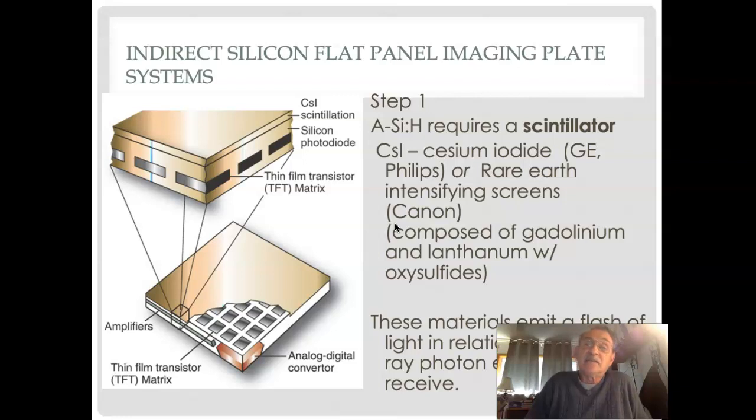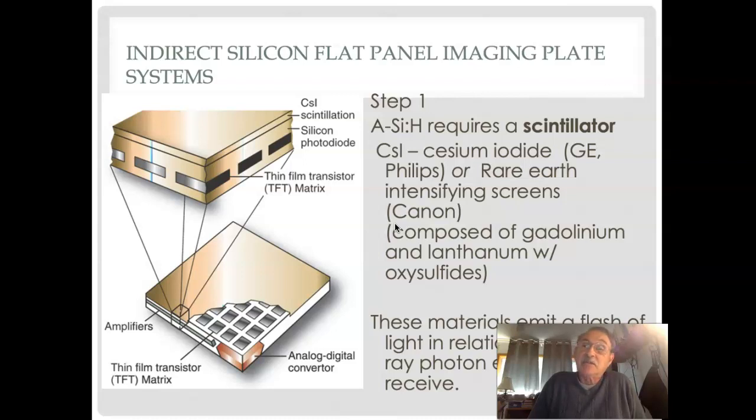The cesium iodide is much more delicate and cannot withstand the sort of rough abuse that a flat panel detector might encounter if it's being used constantly for quite a number of patients in a busy X-ray room. And occasionally they hit the table a little harder than you might want them to.